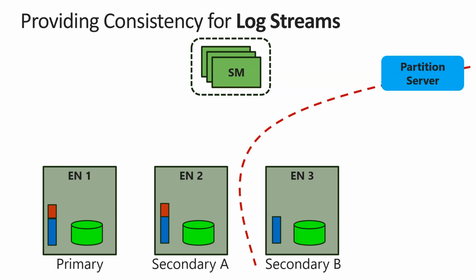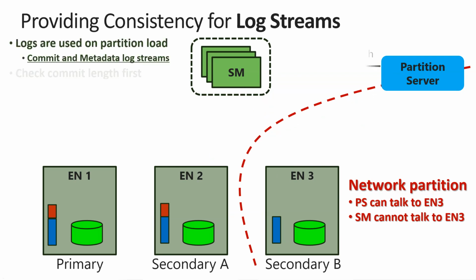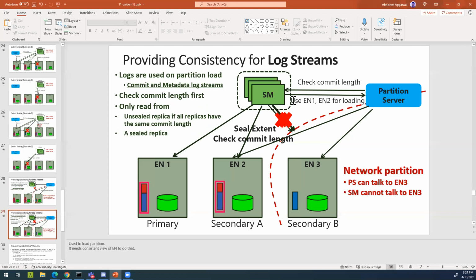If we want to access these commits, and let's say there is a network partition, the partition server first always talks to the stream master and asks what the commit length is.